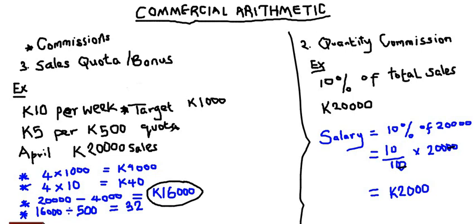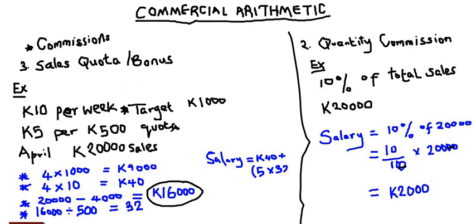All right, so the total salary that we are expecting for the month of April is the target of 40 kwacha for that month. Then we need to add the 5 kwacha times 32.